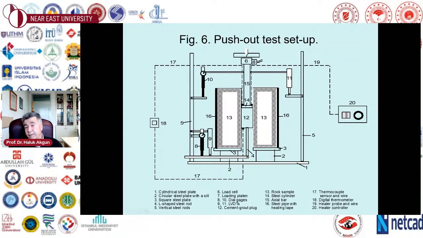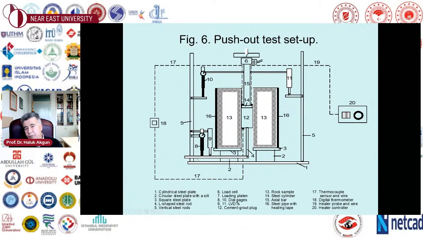And during testing, we put this equipment in an MTS tester, and we applied an axial stress to this cement plug. Then we wanted to measure the failure load, which is the push-out test, axial strength, in other words. And we also wanted to measure the displacements of the top part of the plug, where we used a dial gauge and an LVDT. And also we wanted to measure the bottom displacement of this plug, to see what's going on.